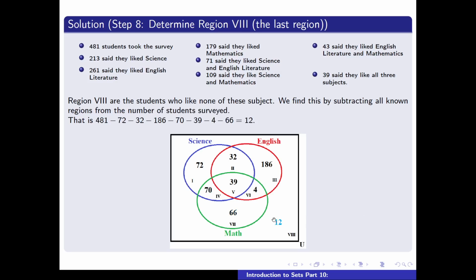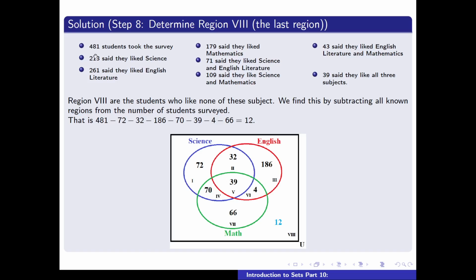And now finally, to get region 8, we take the cardinality of the universal set, which is all of the students that took the survey, 481, and we subtract all of the regions. This is the number of students that didn't say that they liked science, English, or mathematics. 481 took the survey, but not necessarily all of them liked any one of these classes, and that's what we're trying to find out.